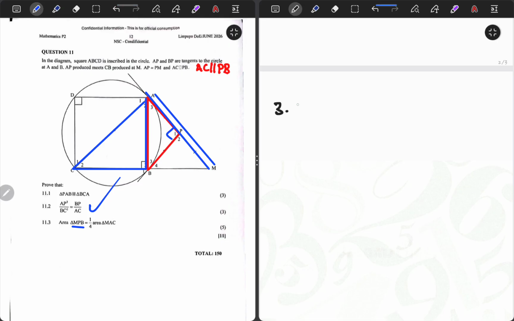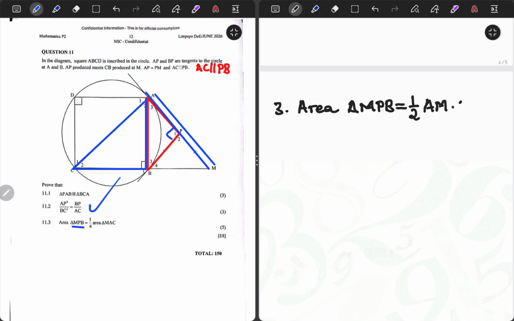So area there will be area of triangle MPB will be half base, which is AM, multiplied by height, which is BP.